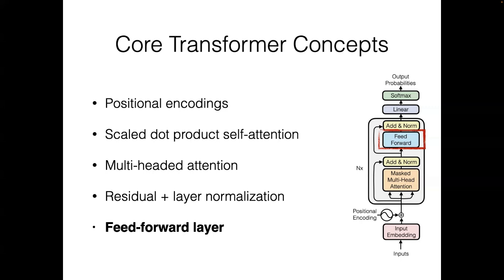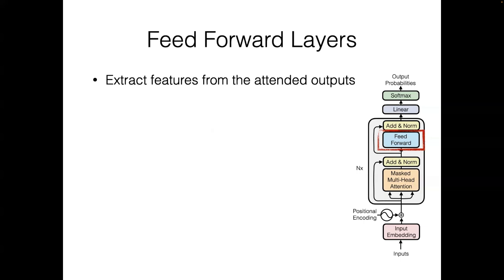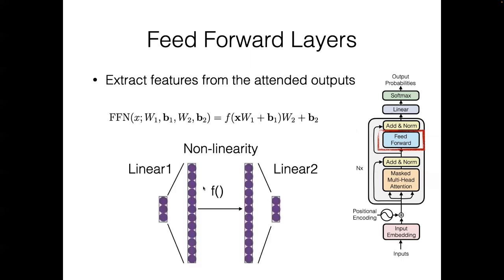Okay. So now the feed forward layer is right here, and it's towards the end of this block, so we're almost done. The idea here is to just take the outputs from attention, and maybe they've been normalized, and then just do some complicated transformation of them. So we have a feed-forward network that takes in the output and then just does some nonlinear transformation.